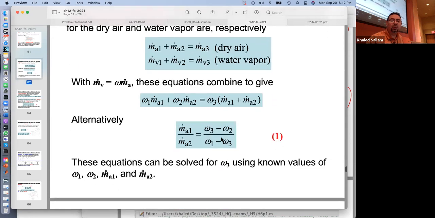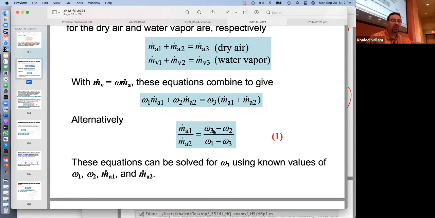So when you look at this equation, let's see if it makes sense. If m dot air 2 is 0, 0 gets multiplied by this, right? And omega 3 would be almost omega 1. And the same thing, if you shut m dot air 1, you make it 0, this guy would be 0.